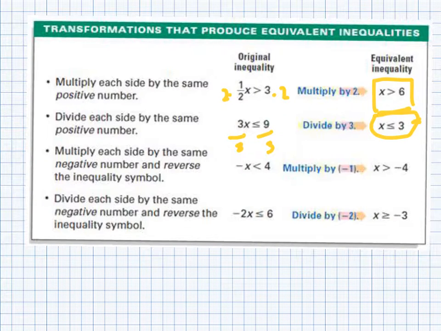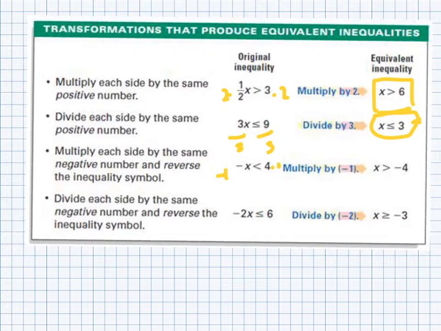Now, the third one here is our inequality negative x is less than 4. We're going to multiply each side by the same negative number and reverse the inequality sign. So we multiply by negative 1 on this side, and a negative 1 on this side.